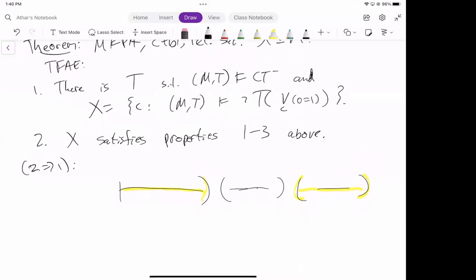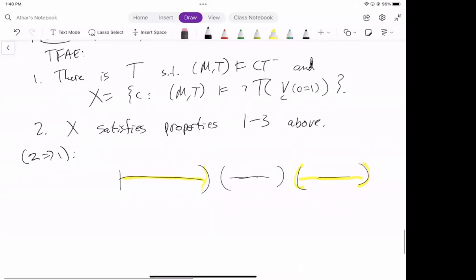Well, let me try and outline or describe a little bit of the proof of the 2 implies 1 direction. So essentially what we're going to do is build a sequence of satisfaction classes, truth predicates, however you want to call it.